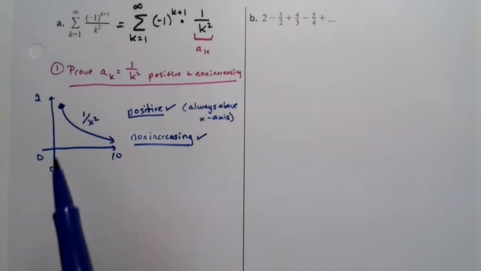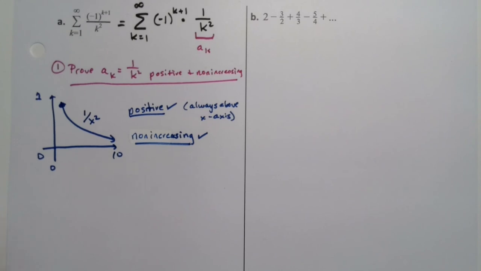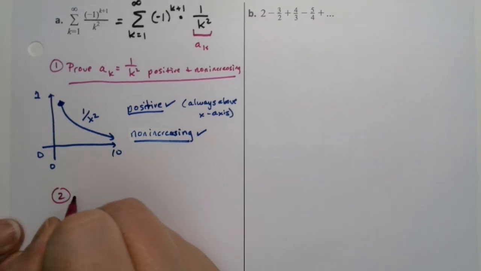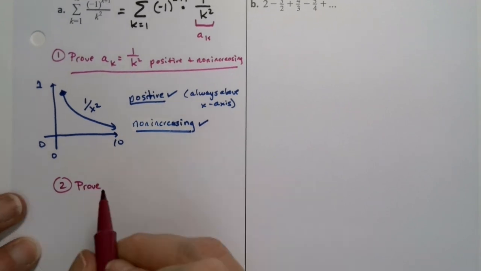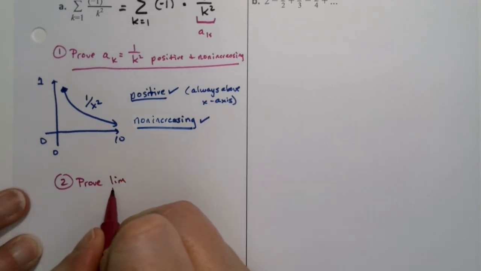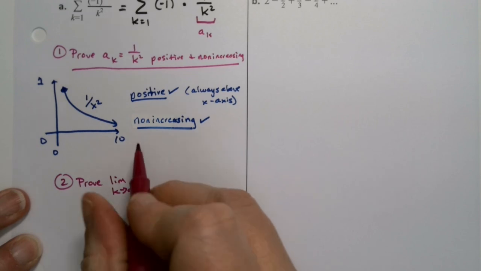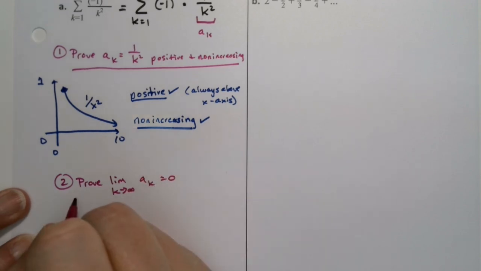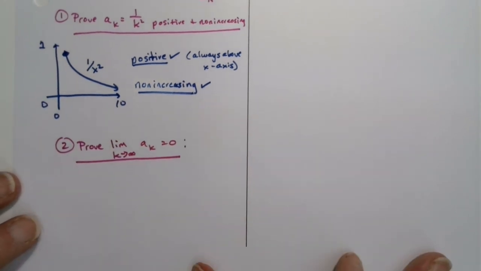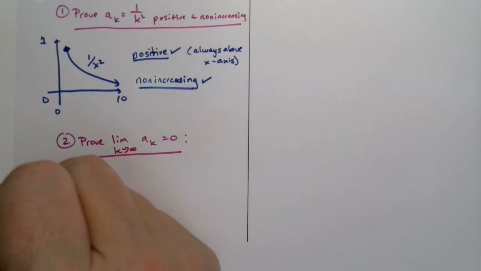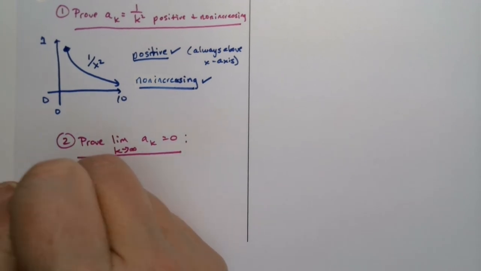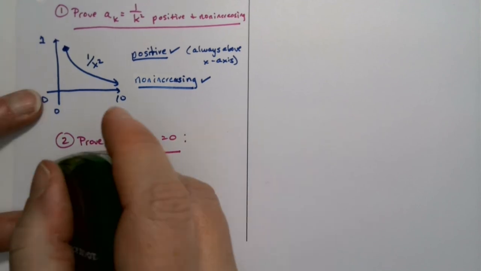Now I just need to prove that the limit as k goes to infinity of a sub k is 0. Here's where all the limit stuff that we learned comes in.